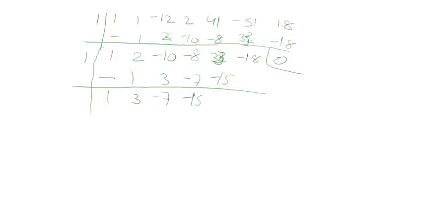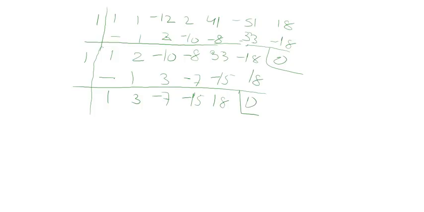Let me rub this. Okay, right. So this is 33, this is 33, and now it's fine. So 3, minus 7, minus 15, 18, 18, and this is 0.